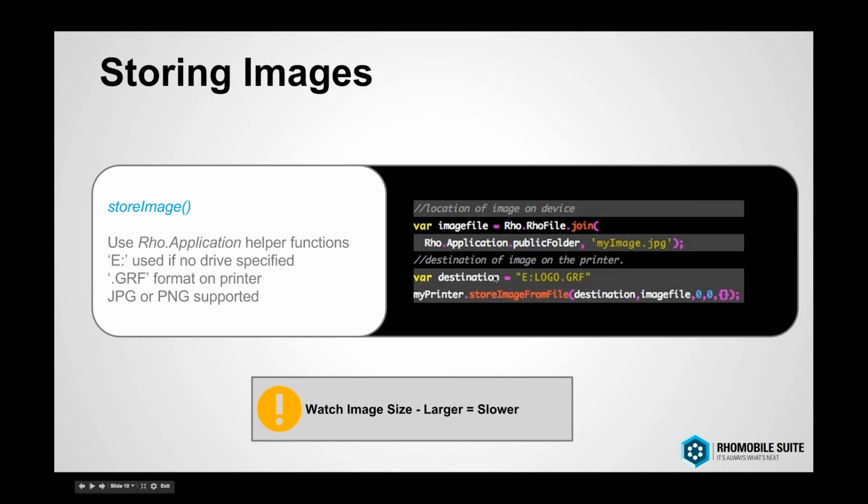All the images will be stored on drive E if nothing is specified. The extension doesn't essentially matter. It will get converted to our GRF, and JPEGs and PNGs are what's supported. And likewise, as before, I think I have a syntax error here in my example, but just like before, you have to watch out for the size of the image.